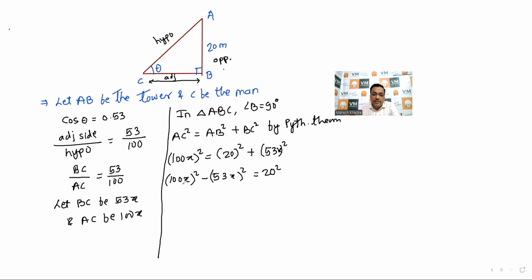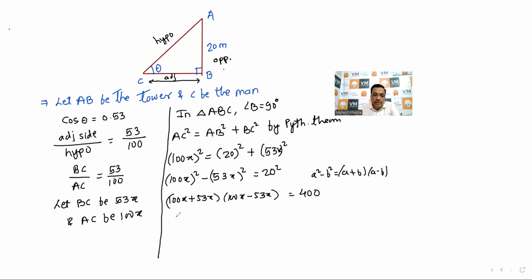Now left hand side 100x whole bracket square minus 53x whole bracket square, we can use the identity of a square minus b square, that is a plus b and a minus b. So this becomes 100x plus 53x and 100x minus 53x, and the square of 20 is 400.